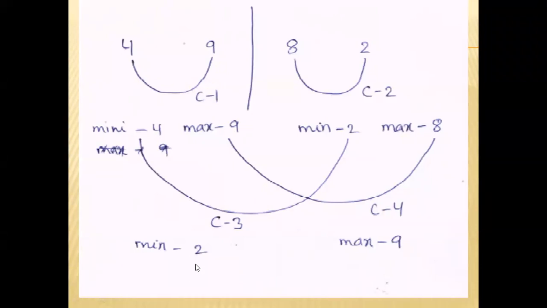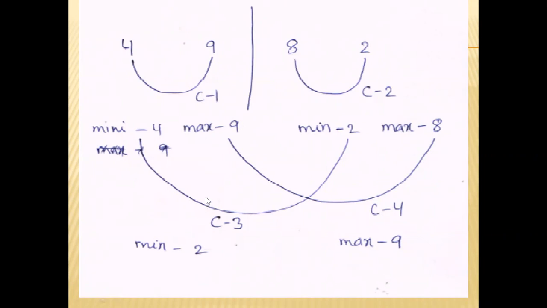So by using the divide and conquer method, to find the maximum value and minimum value, the total number of comparisons is only 4.